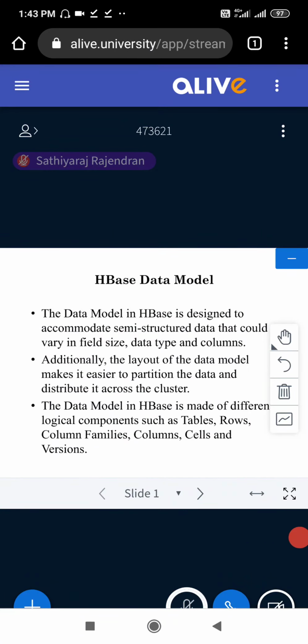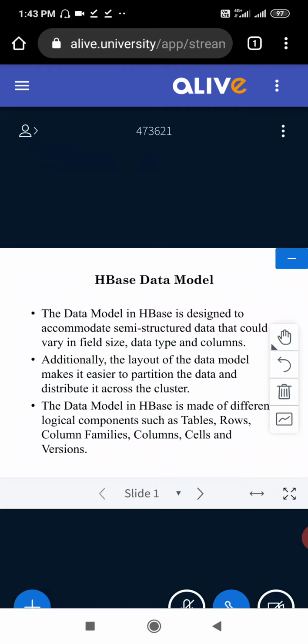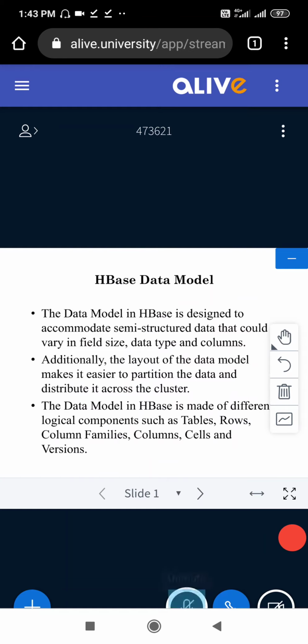Once the name node fails, the secondary node acts as the name node and does its function.